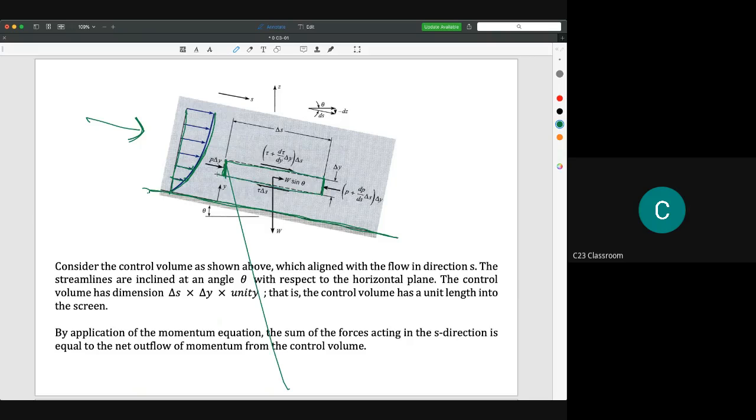Okay, so for example, we cut this one into a rectangular element. This is the S direction, meaning the inclined direction, and this is the Y direction, the Y axis. That is the axis that we have because it's relative to the flow of this fluid.